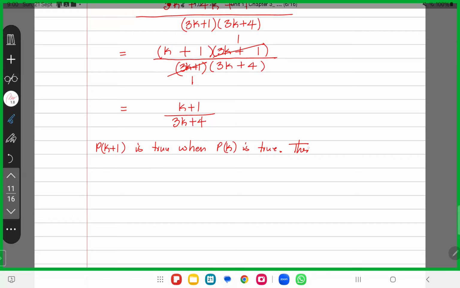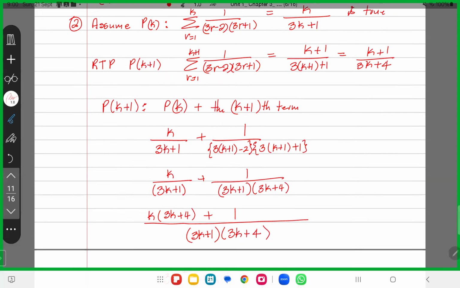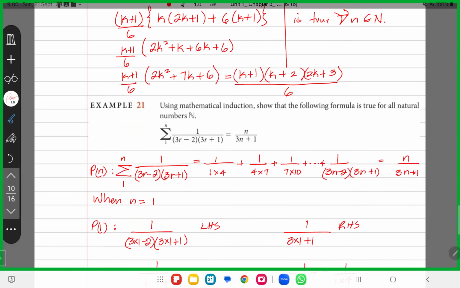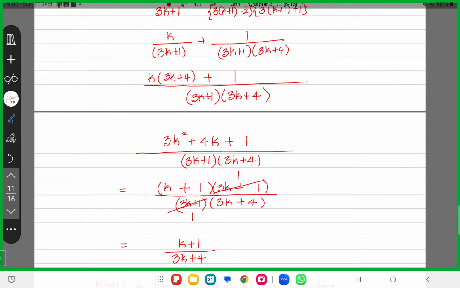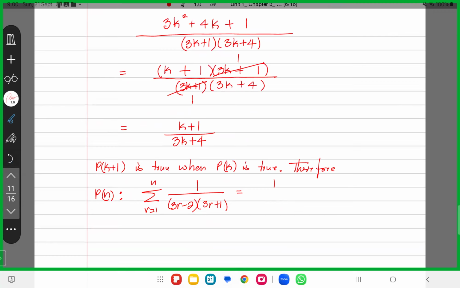Therefore, Pn, which is the statement that the sum from r equals 1 to n of 1 over (3r minus 2)(3r plus 1) is equal to n over 3n plus 1 (sorry, it's n actually, it should be n), is true for all n, an element of the set of natural numbers.